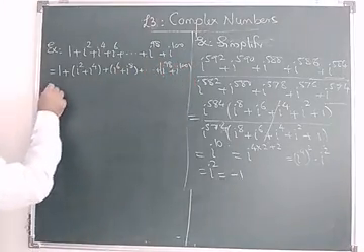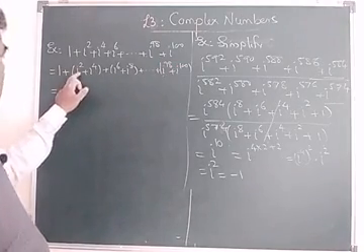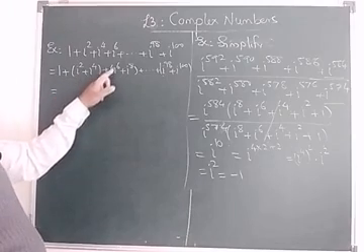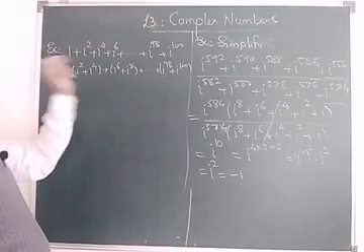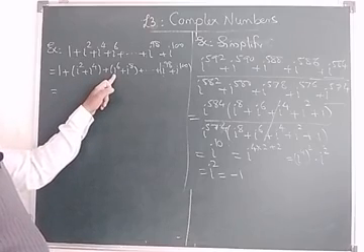If I write like this, here you can observe i square is minus 1. i raised to 6 is i raised to 4 into i square.